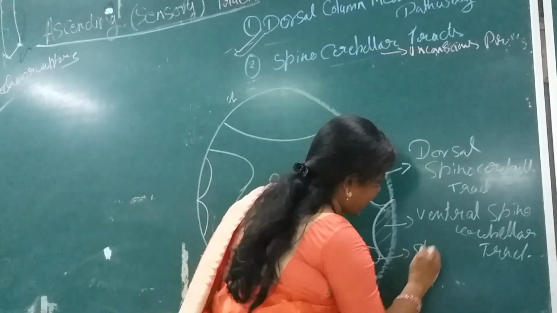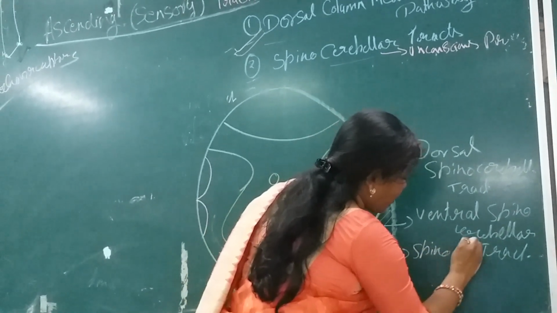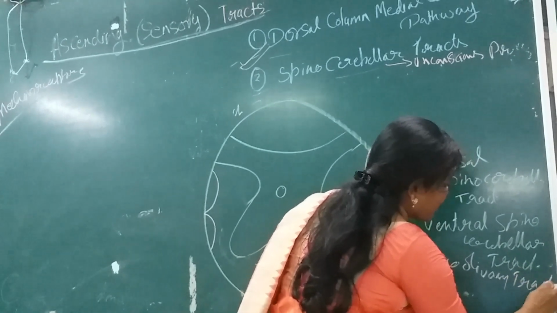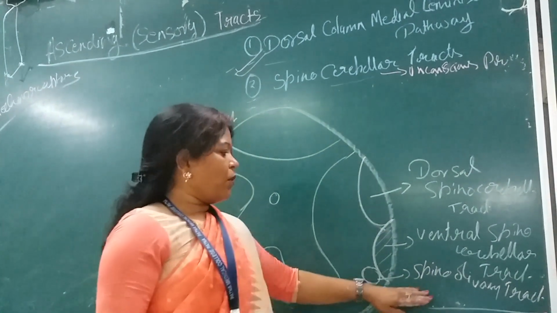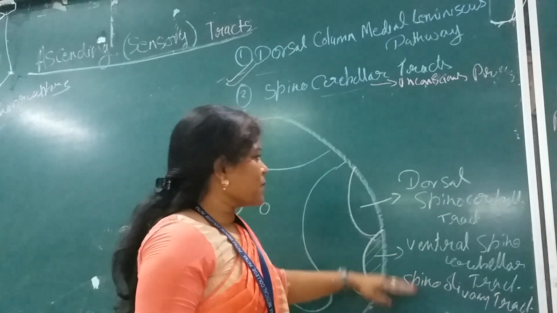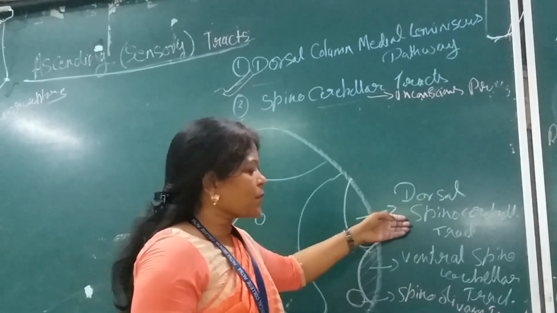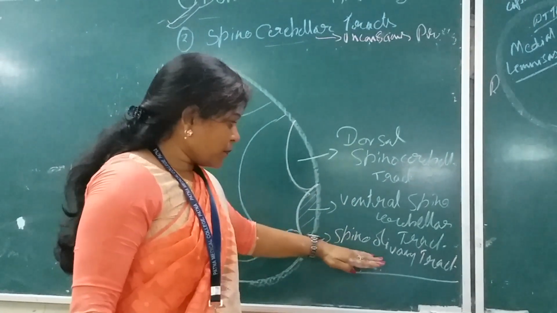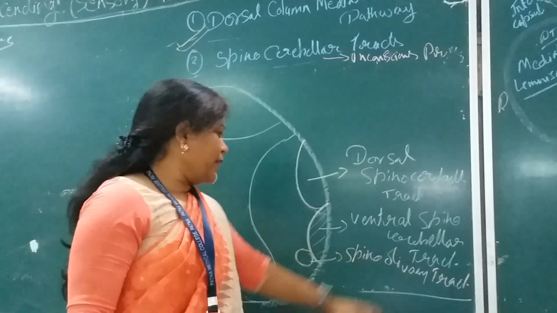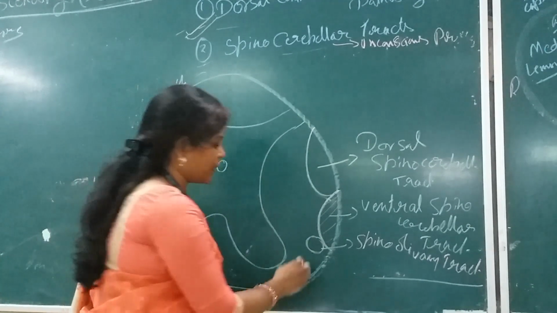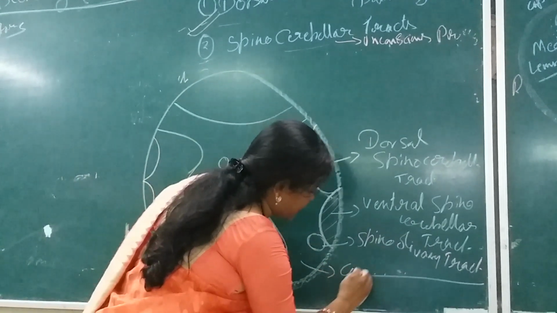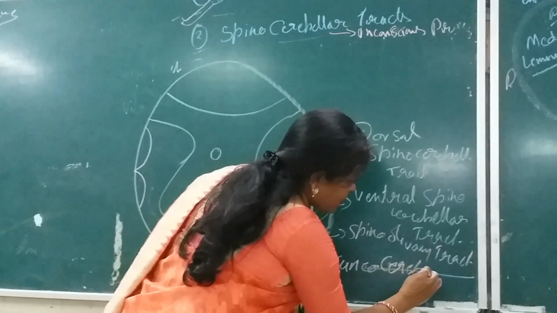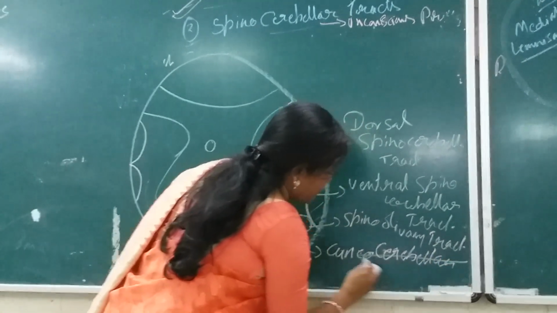Very good. That means these tracts: the dorsal spinocerebellar tract, ventral spinocerebellar tract, the spino-olivary tract, and one more tract will be there, that is the cuneo-cerebellar tract.